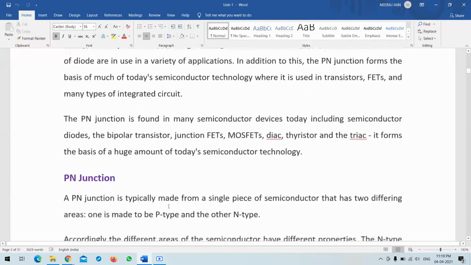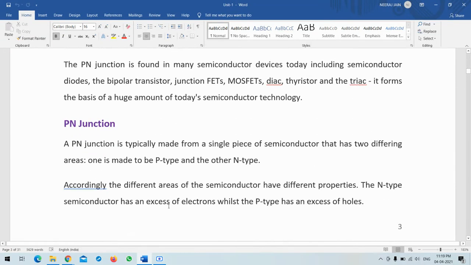So today we will see how the PN junction works. A basic PN junction is typically made from a single piece of semiconductor. The pure semiconductor is called the intrinsic type of semiconductor.